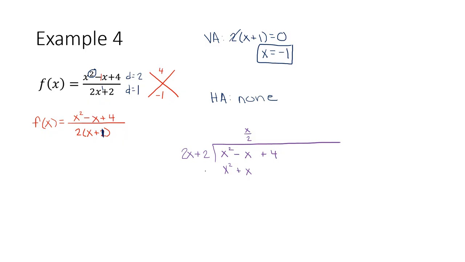Then I subtract. x squared minus x squared cancels. Negative x minus x is negative 2x. And then I drop down my last term.